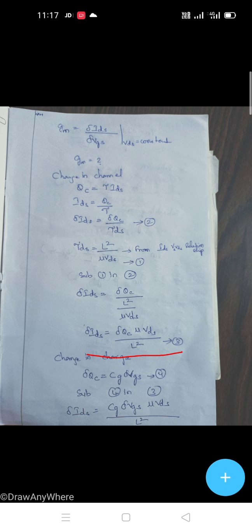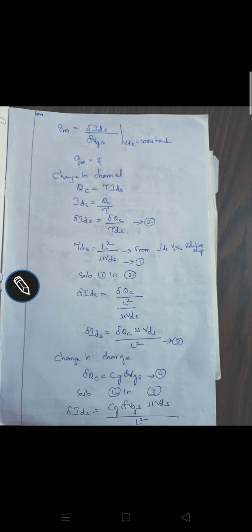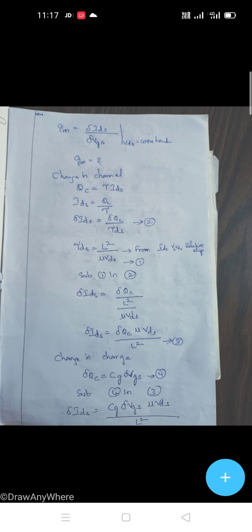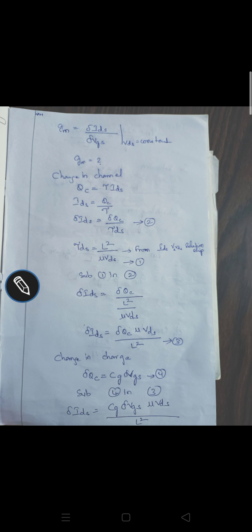That is the change in charge in terms of gate capacitance. Delta QC is equal to CG into delta VGS. Let this be equation 4, and the previous one equation 3, and substitute 4 in 3. What we get is delta IDS is equal to CG into delta VGS into mu VDS by L square. This is the final equation for delta IDS.